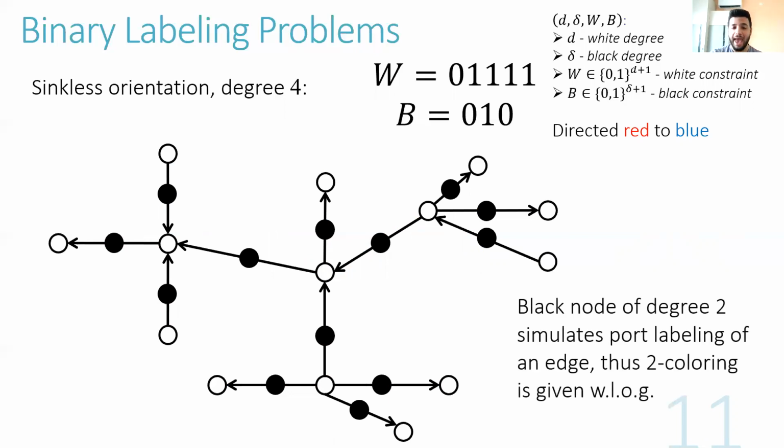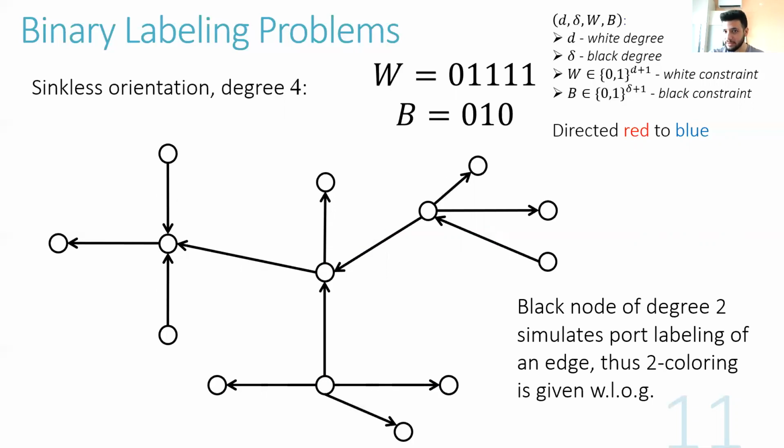Thus, having black nodes of degree 2 doesn't really restrict the descriptiveness of our model, but actually it allows us to simulate port labelings, for example. Thus, the two coloring is given without loss of generality.